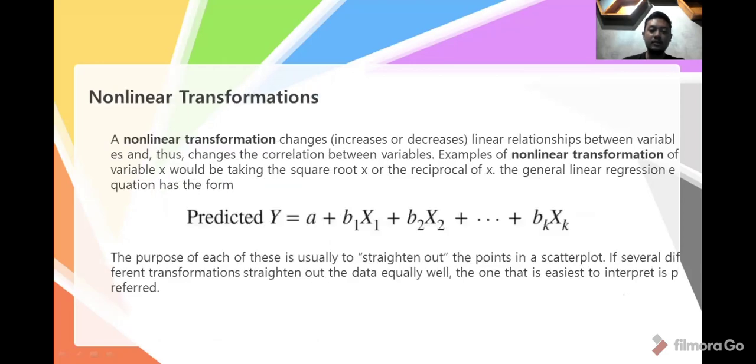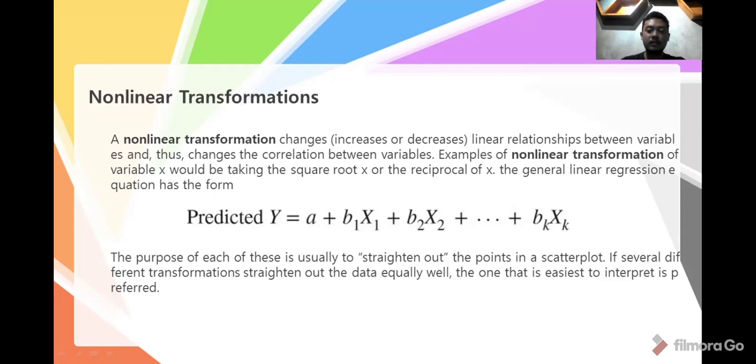Nonlinear transformation. A nonlinear transformation increases or decreases the linear relationship between variables and thus changes the correlation between variables. For example, nonlinear transformations of variable x would be taking the square root of x or the reciprocal of x.